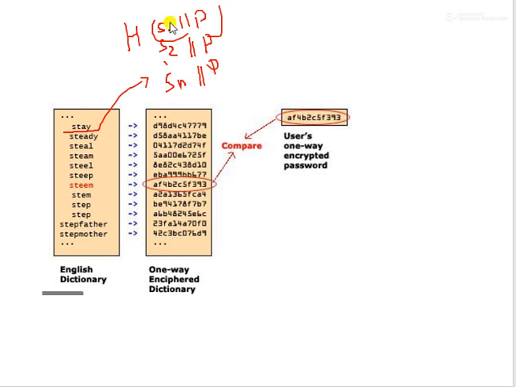Then compare these hashes with the hashes stored in the password file, and wherever the comparison is successful, where both are the same, the attacker finds out the password. Like here, this word steam and its hash, when compared with the stored hash in the password file, if they are both the same, then it means the password is cracked and the password is steam. This is called a dictionary attack.